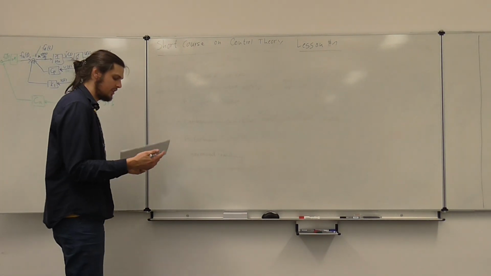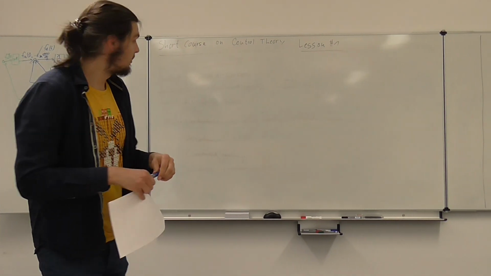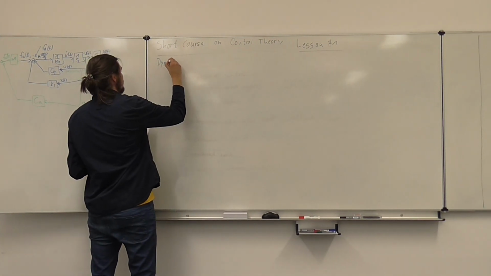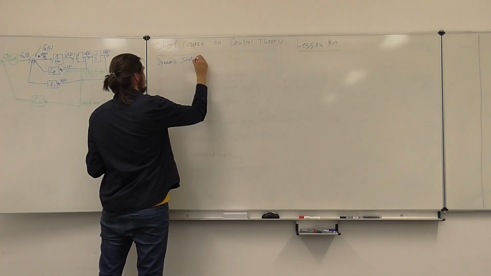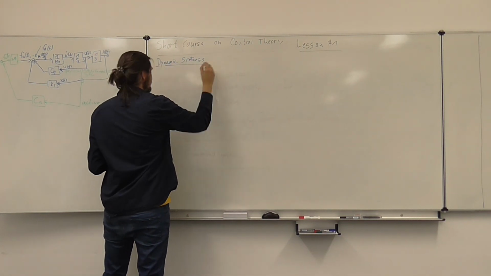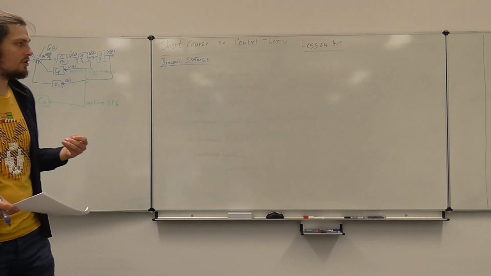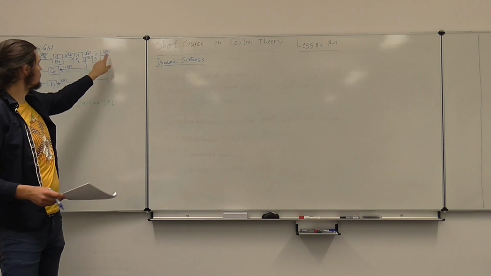And the first transfer function that I really want to look at is what we call dynamic stiffness. Dynamic stiffness is basically the inverse of the transfer function seen from the disturbance to our state.